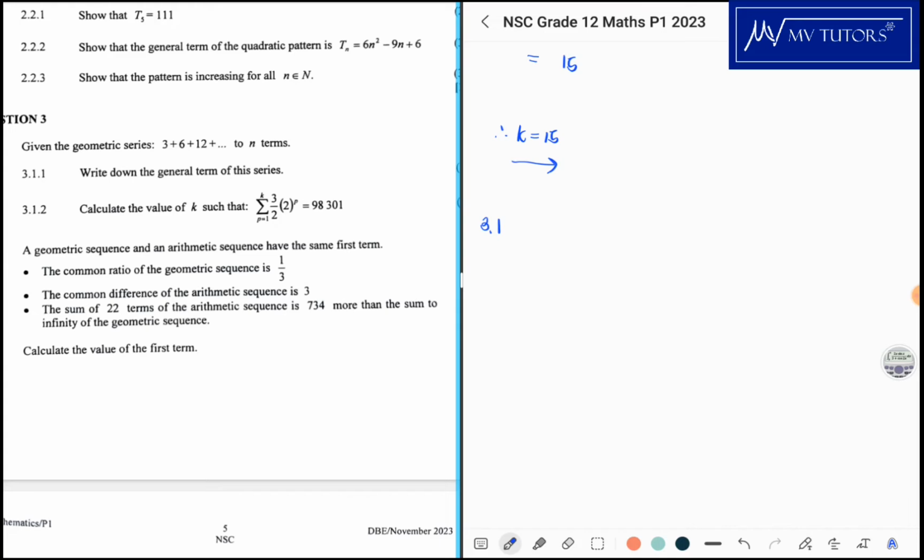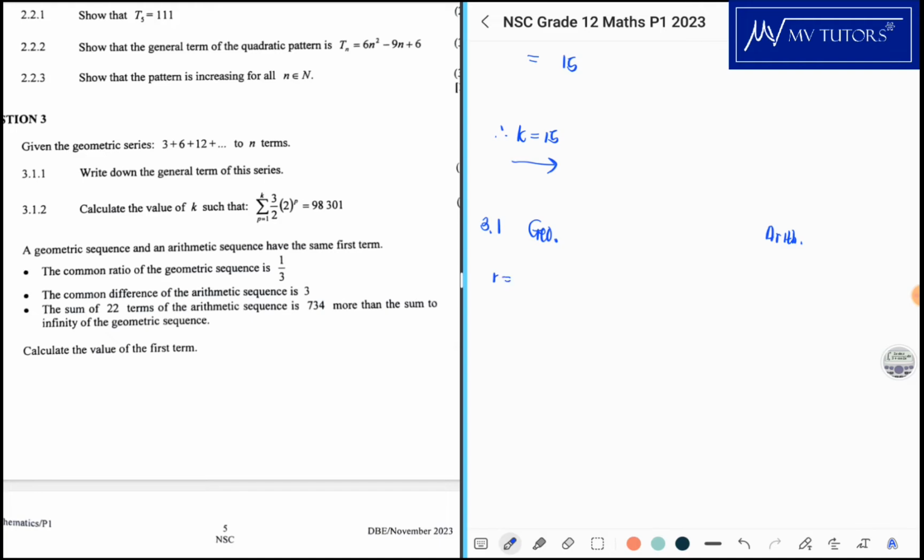Okay, so we're dealing with sums here. Let's say we have the sum for, okay, let's say geometric. Put geometric here and put arithmetic here. Okay, and we're dealing here with the common ratio for the geometric sequence.